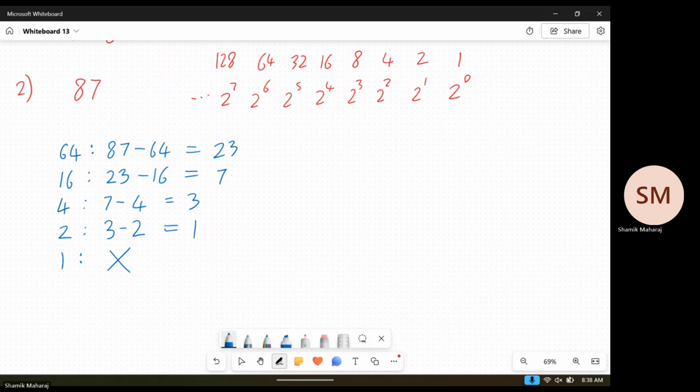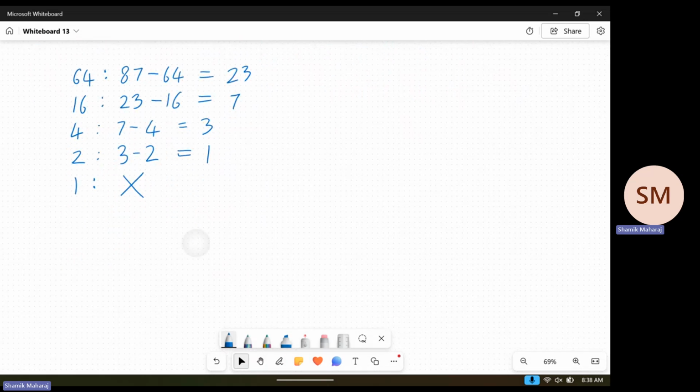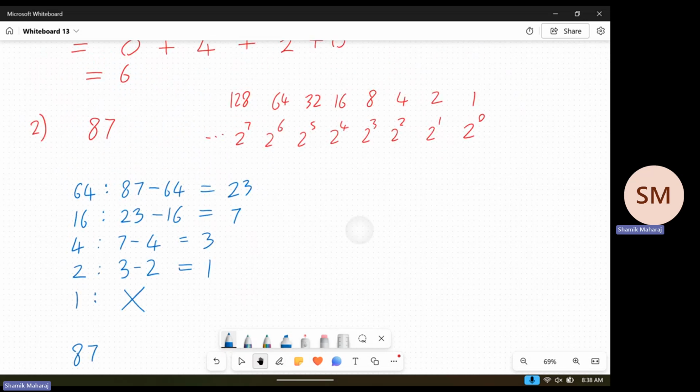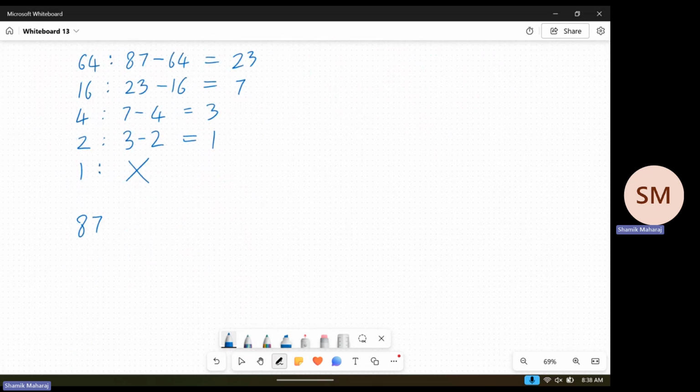This is a long procedure just because we need to write 87 as a sum of base 2 numbers. So I'll write this as 64 plus 16 plus 4 plus 2 plus 1.